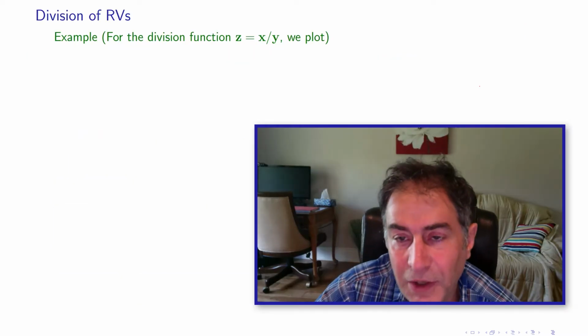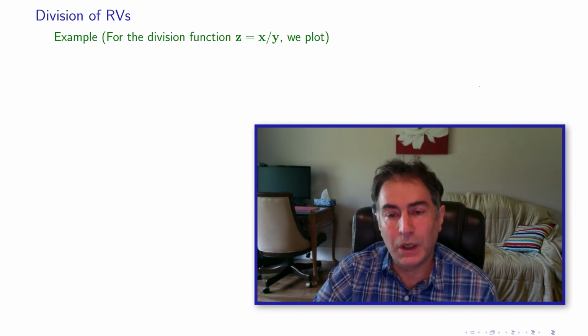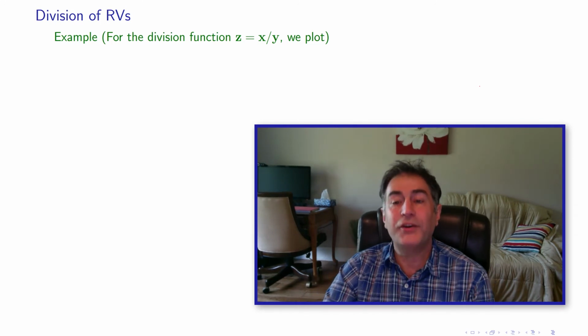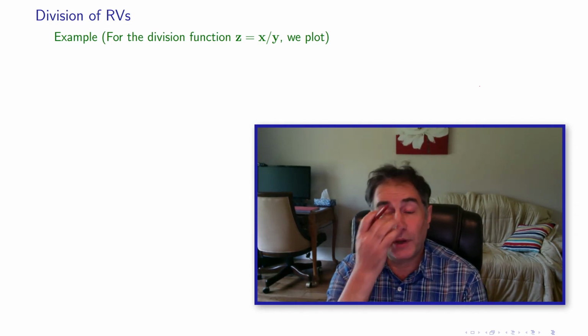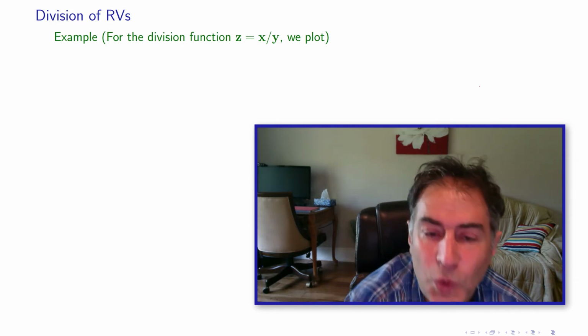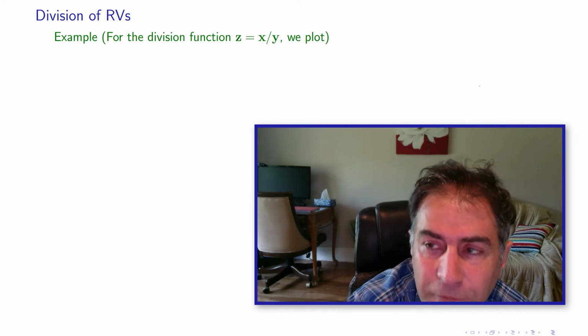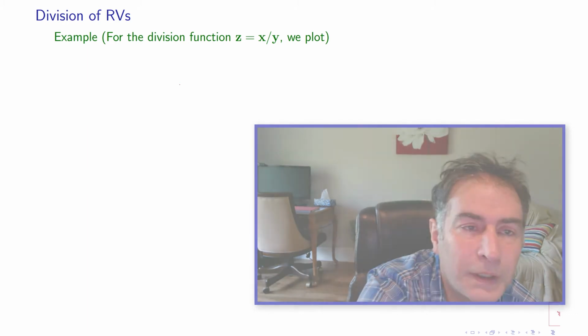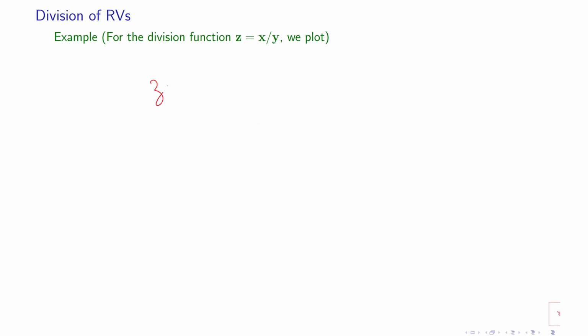So similarly, we need to draw a diagram. We plot these functions and so on for specific values. And so we consider this function z equal to x divided by y, and we specify a value of z, let's say z equal 1 or 2, and then we plot.